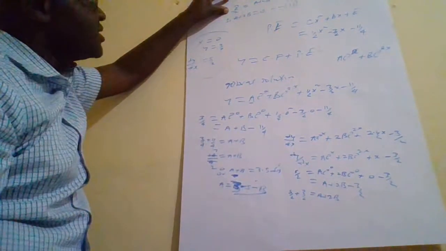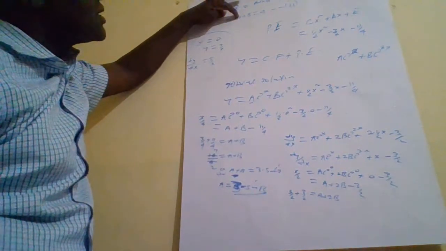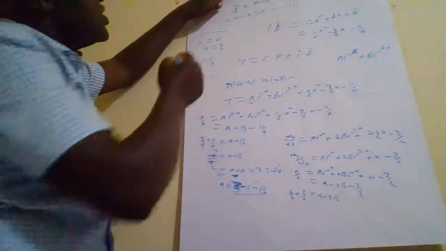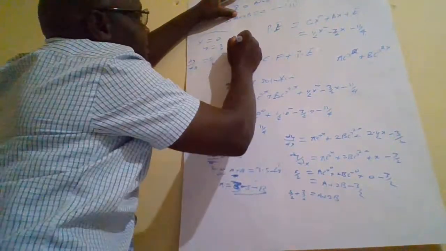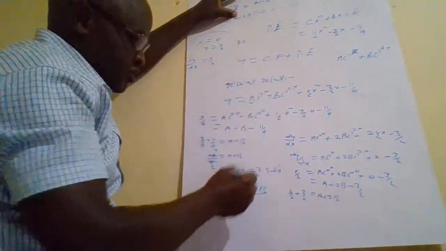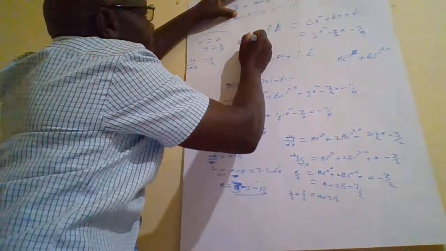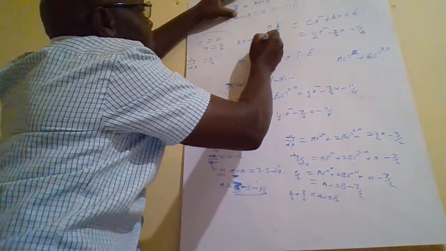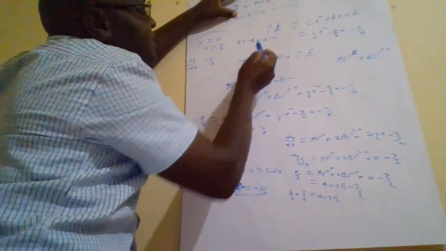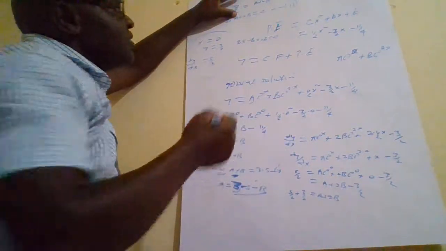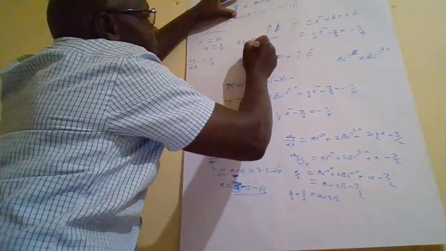We come to this equation where there is a, and we replace with that. So this equation will be 3.5 minus b plus 2b equals 4. So minus b plus 2b remains positive b. So we have 3.5 plus b equals 4.